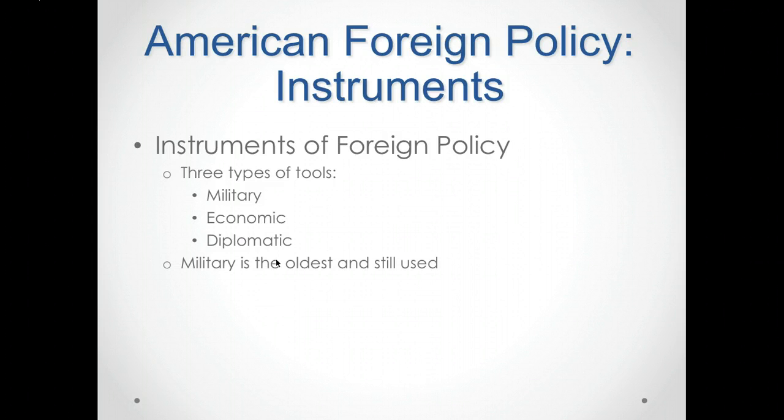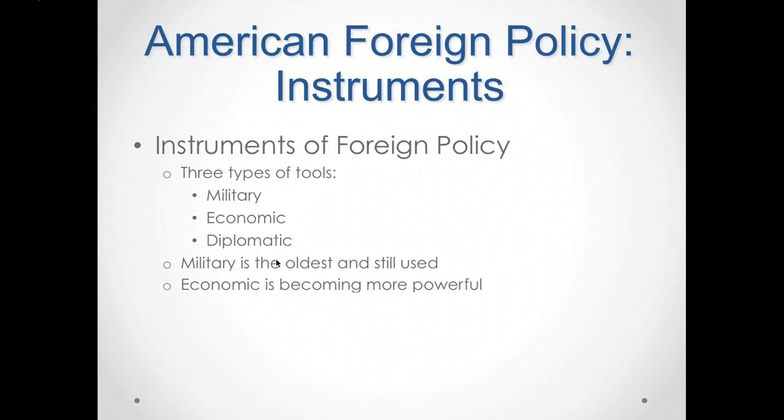So the military is the oldest and still the one that would be the go-to default. As you can see with North Korea, we're not doing a great job, nor are they, trying to resolve these tensions along the border of the 38th parallel in a negotiated manner.